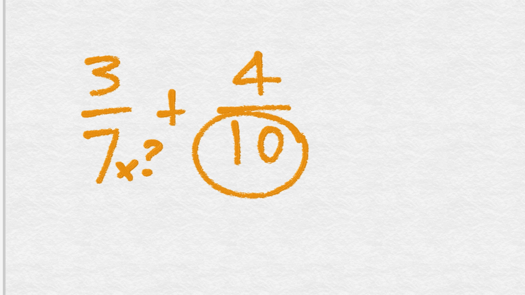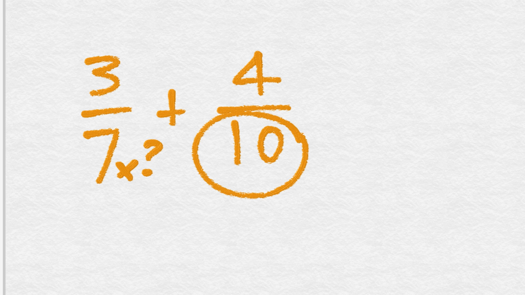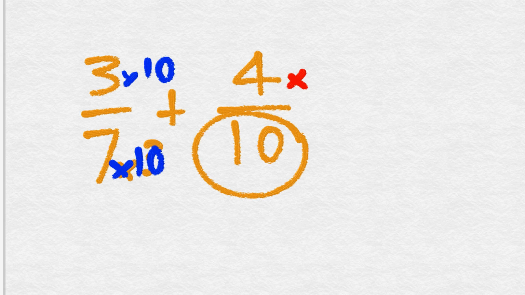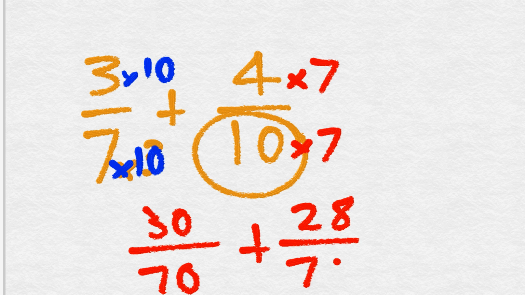So what you need to do is you need to times everything over here by 10 and times everything over here by 7. So then we end up with 10 times 3 is 30, 7 times 10 is 70, plus 7 times 4 is 28, over 10 times 7, which is 70.